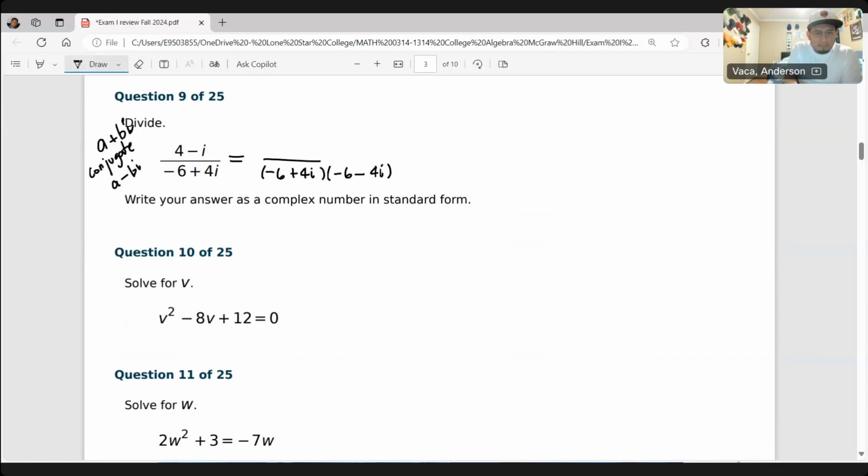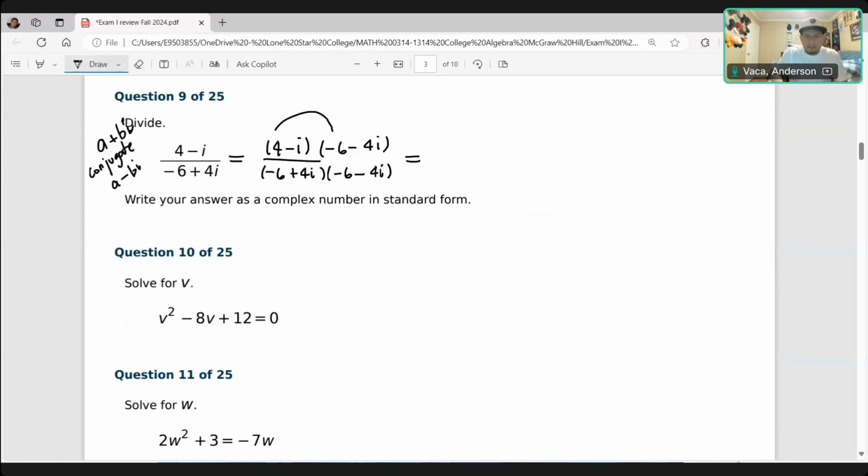And so here we have 4 minus i, and we're going to multiply by that. So as I said earlier, it feels very much like we are trying to do something like multiplying complex numbers. Let's move quickly through this.